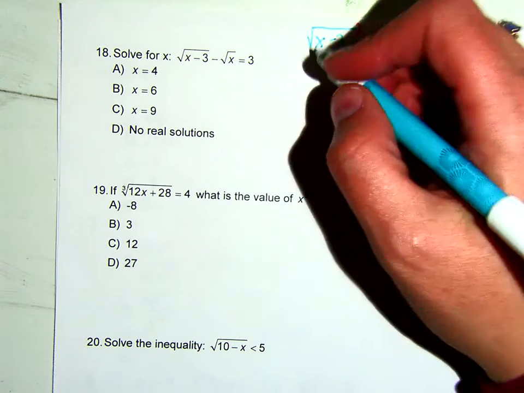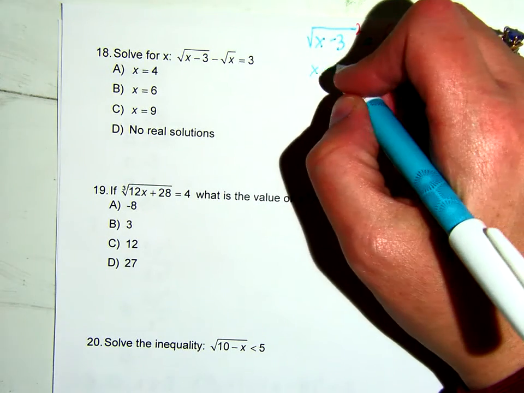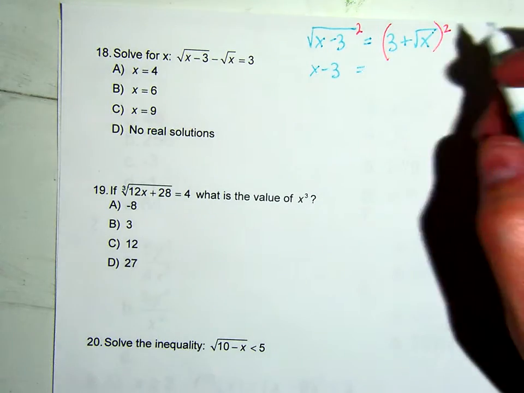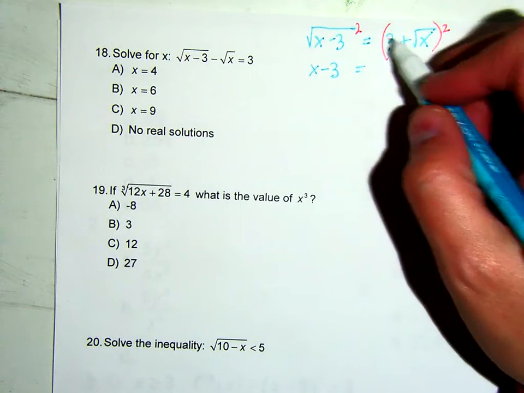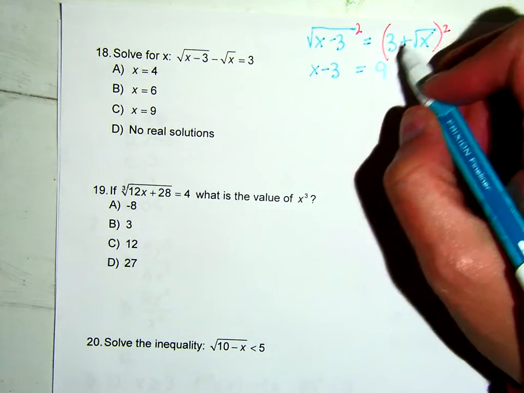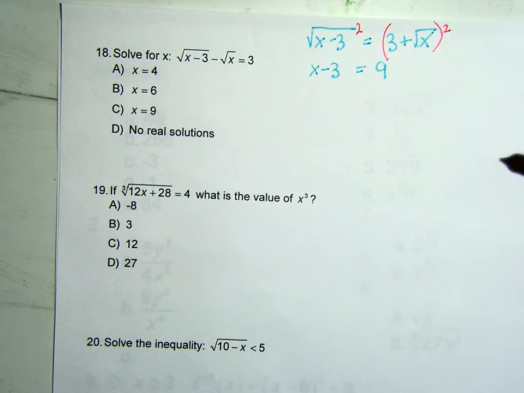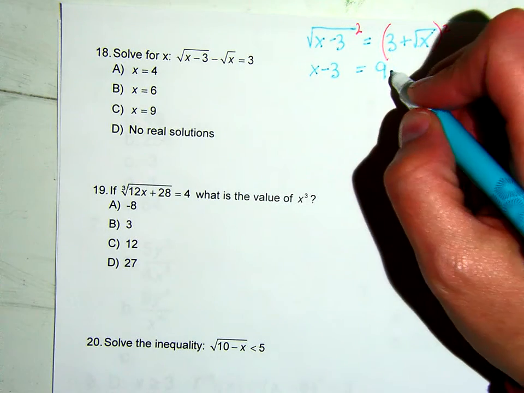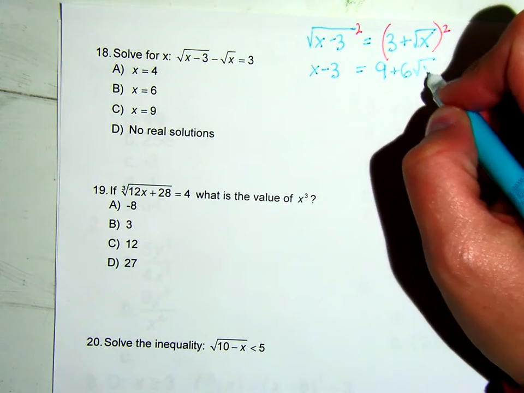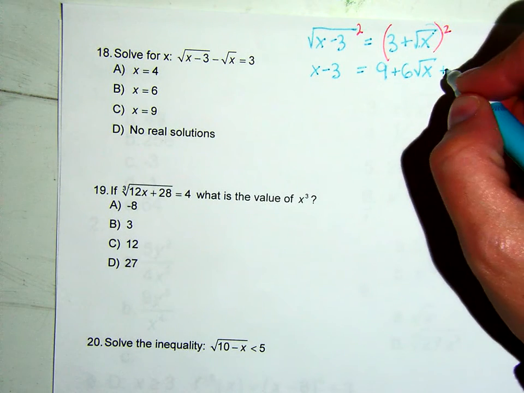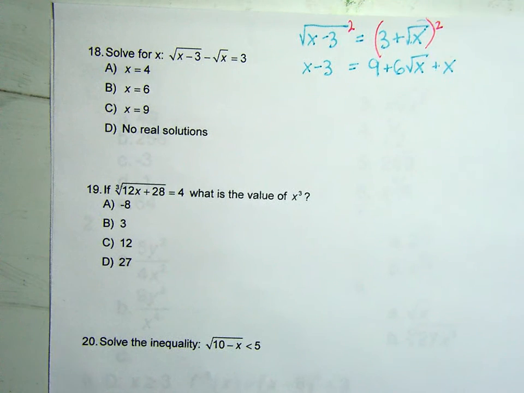Square root and square cancel, so the left side is x minus 3. The right side I have to expand. It is a binomial, so square the first term, 9, multiply together the two terms and double, so 3 root x, so 6 root x when we double that, and then square the last term. Square root and square cancel, and we're just left with x.